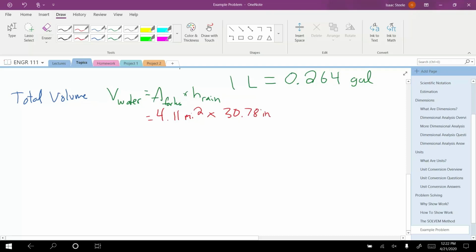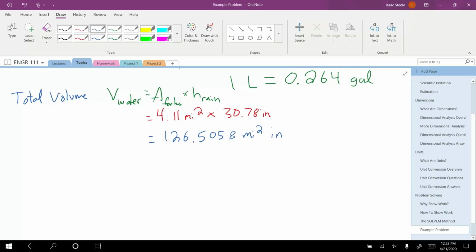When I do the math, I'm going to get 126.5058 miles squared inches. So you'll see that I really did nothing here except multiply the things together, and I was very careful about multiplying my units as well.